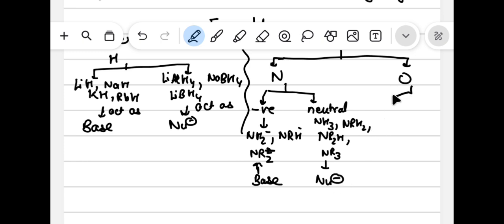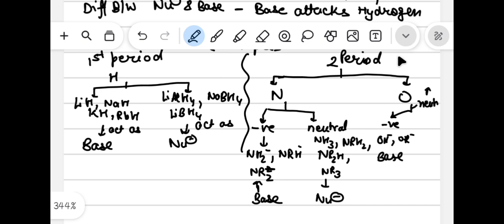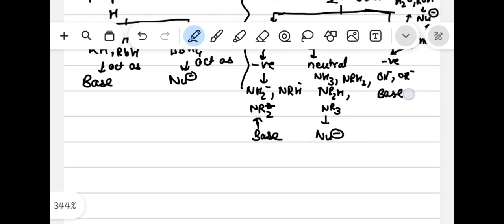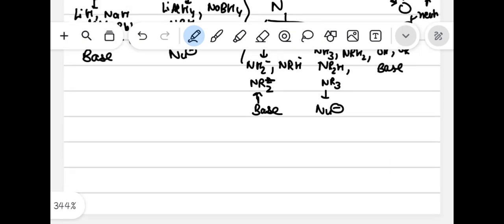Same with oxygen. If negative oxygen like OH-, OR-, then base. If oxygen is neutral, like H2O, ROH, then it will act as a nucleophile. Then some cases we have to learn.